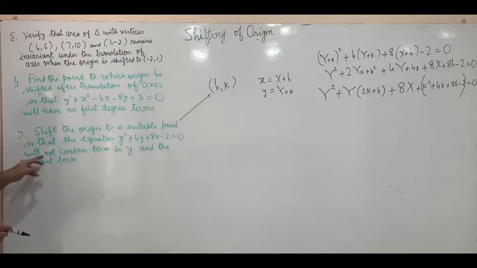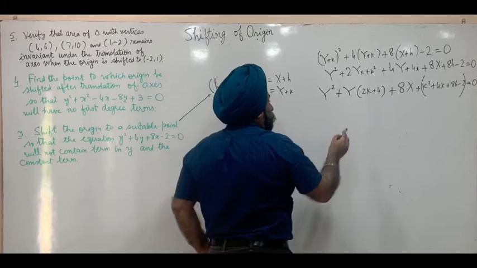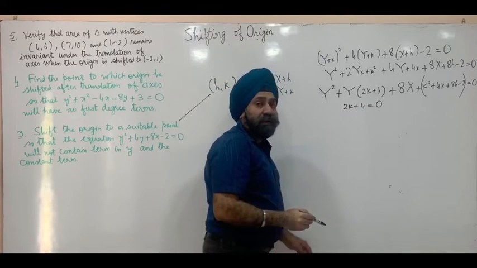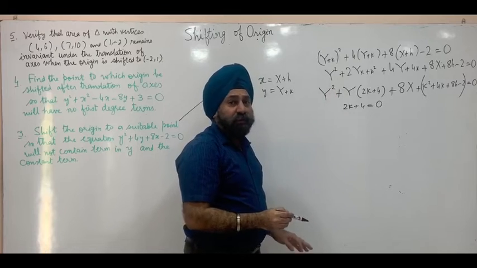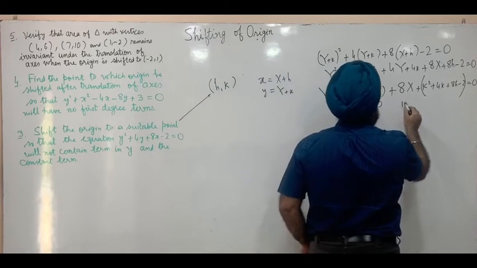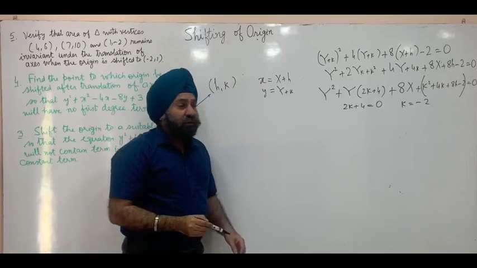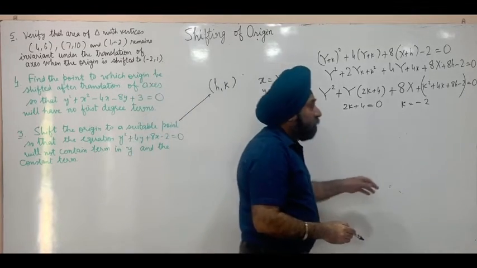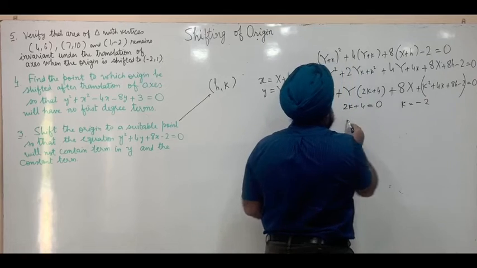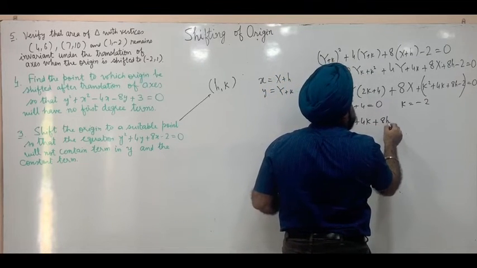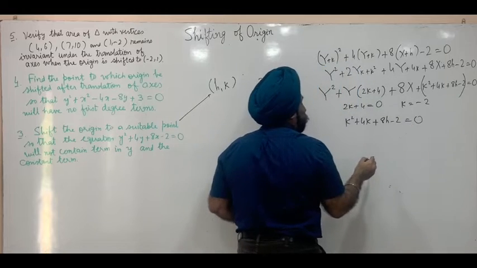And what do we want? We want that it should not contain a term in Y, that means 2k plus 4 should be 0. If this is 0, then there will be no term with Y. So this gives us k equal to -2. And also we don't want any constant term, that means this should be 0: k square plus 4k plus 8h minus 2 is 0.